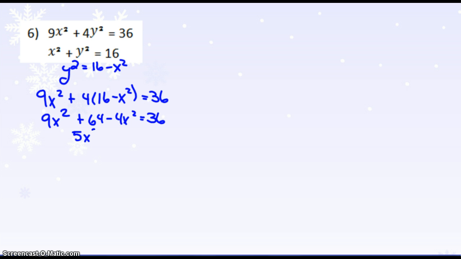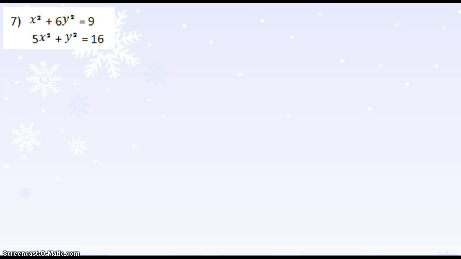Combine like terms, subtract the 64 over. You can see already what's going to happen here. If I have to take the square root of a negative number, I'm going to get imaginary answers, and that is not going to give me any points, okay? So that is just another thing that happens. Some of them won't have any points at all.